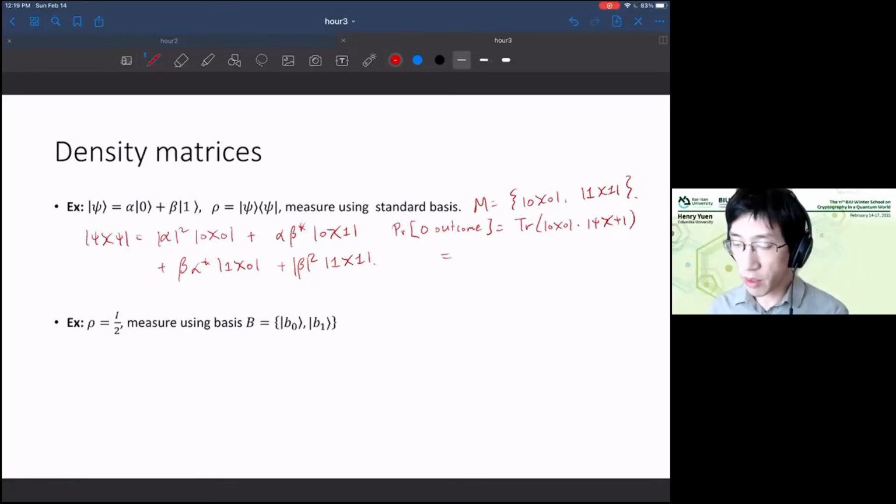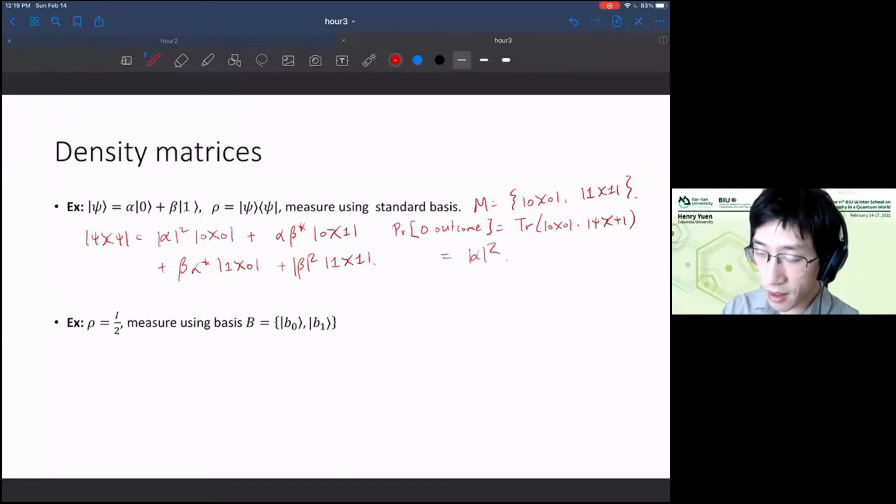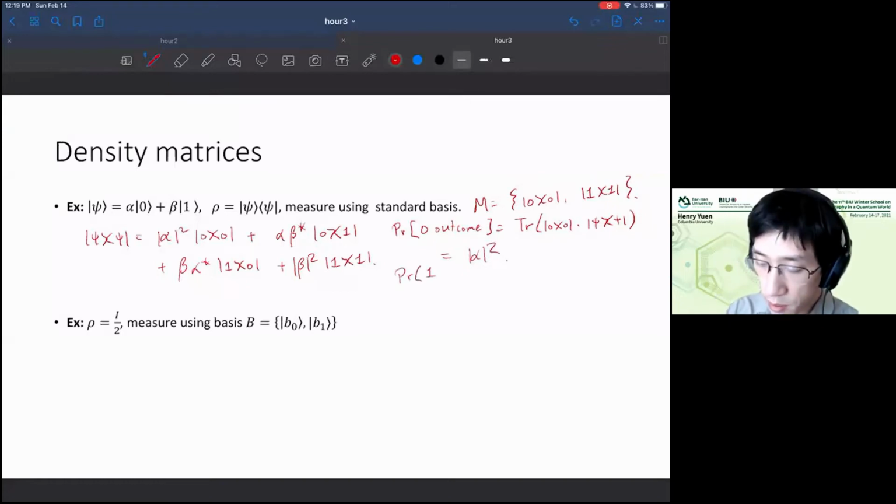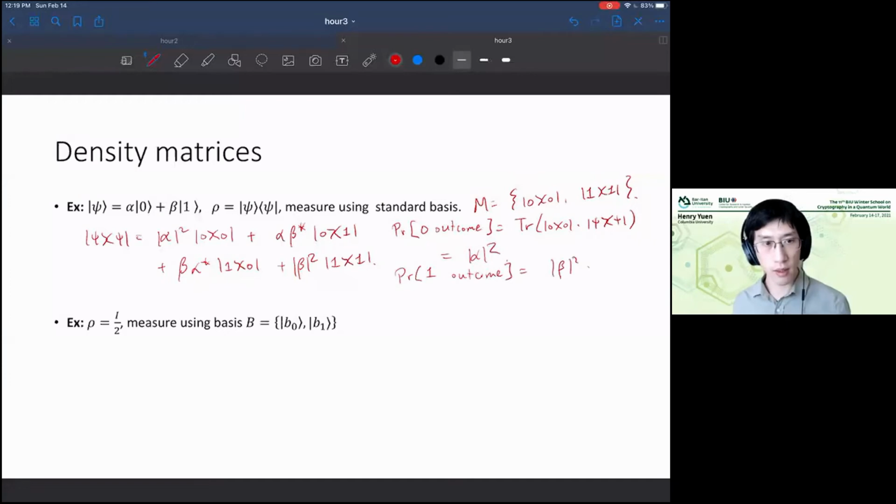I won't go through the algebra here, but if you multiply these matrices together and take the trace, you'll get norm alpha squared, as you should. And similarly with the 1 outcome, you're going to get norm beta squared. So we see that, at least in the pure state case, the rules for how you take measurements with density matrices coincide with what we've learned before. Okay, so that's one example.